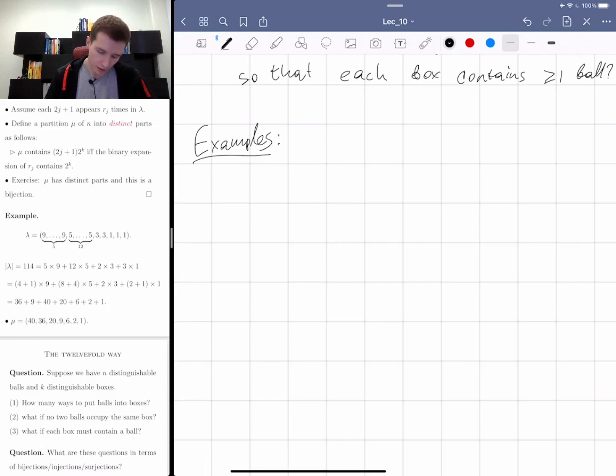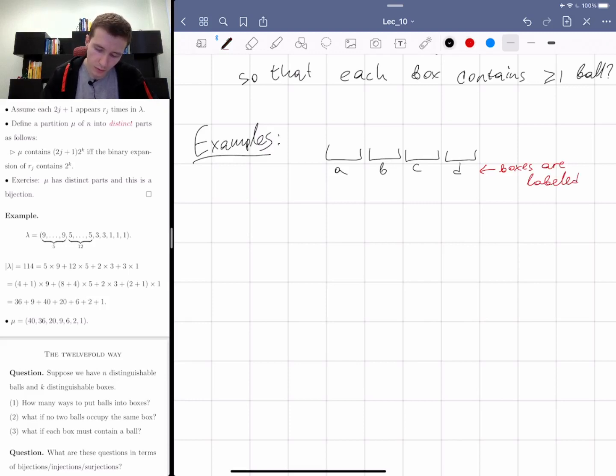You have distinguishable boxes, labeled A, B, C, D, and also the balls are labeled.